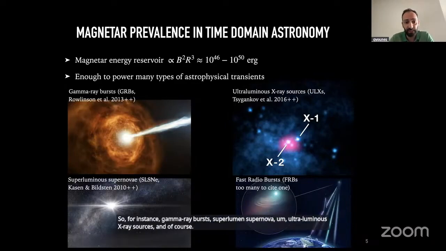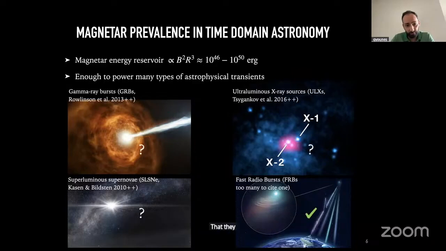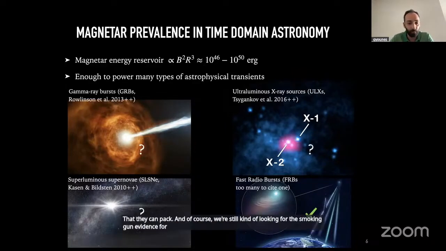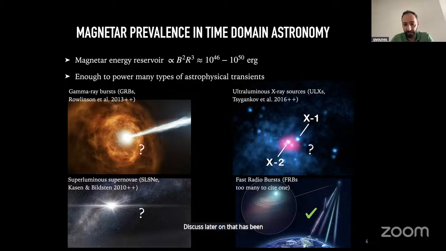So they're very appealing to explain extreme phenomena because of that energy that they can pack. And of course, we're still looking for the smoking gun evidence for many of these classes, but we know that in the case of fast radio bursts, as I will discuss later on, that has been, in a way, established.